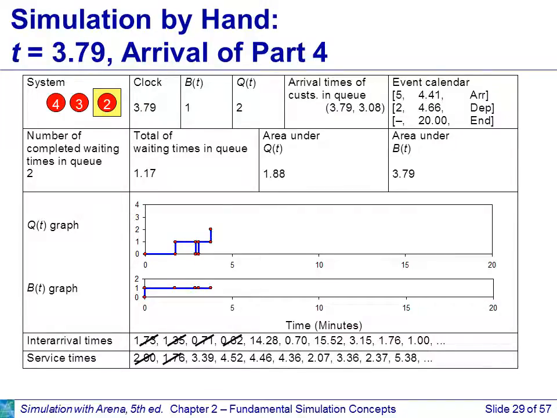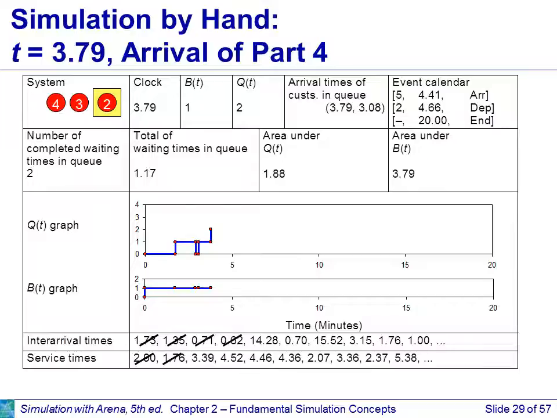Then when part 4 arrives at 3.79, we still have the machine busy, but the number of parts in the queue has increased by 1 with the arrival of part 4. So now the QT is going to be 2, and you can see that on the graph. We're going to go higher up in the graph at that time.